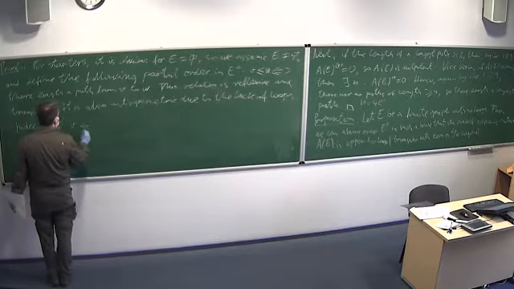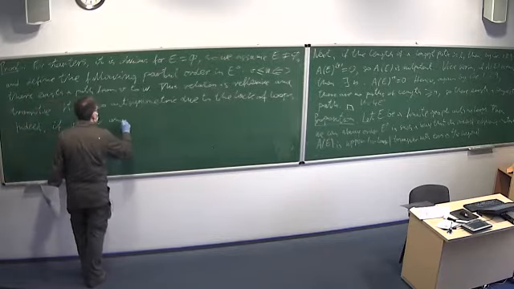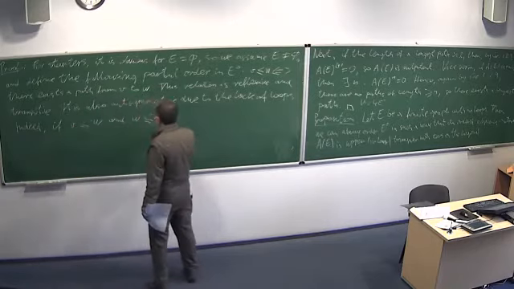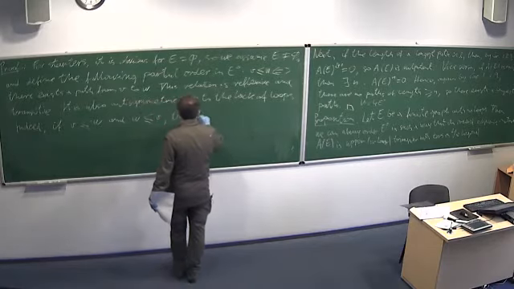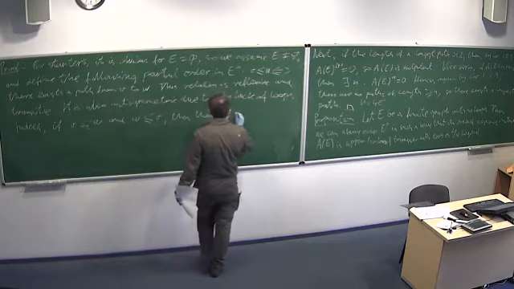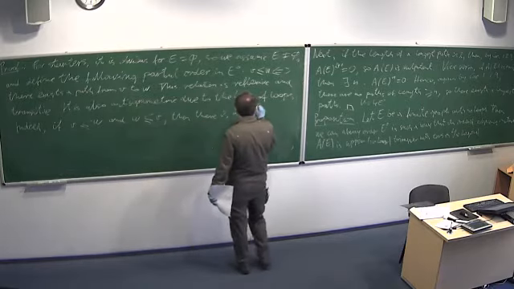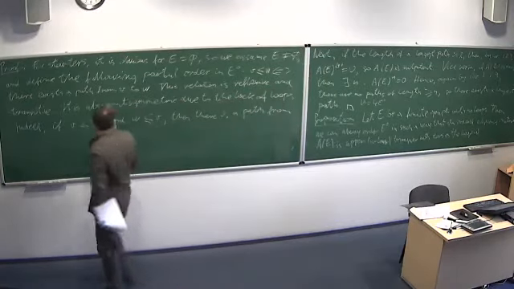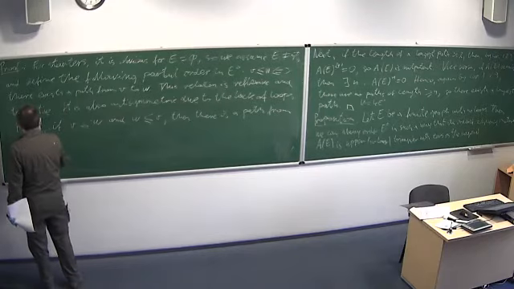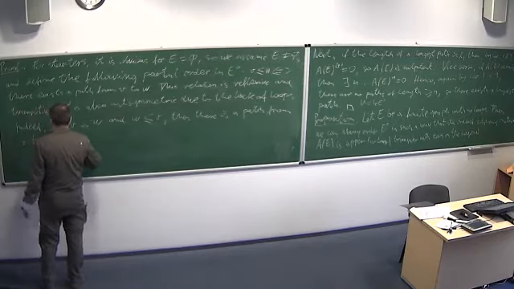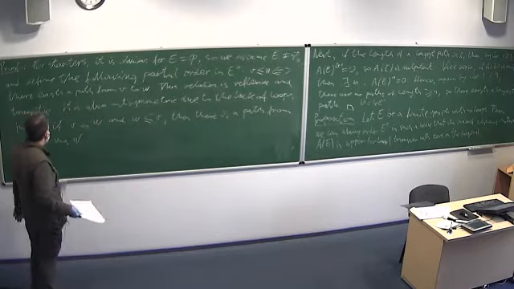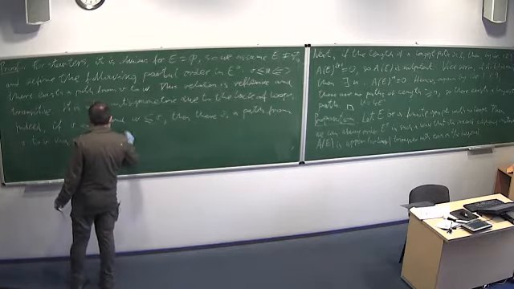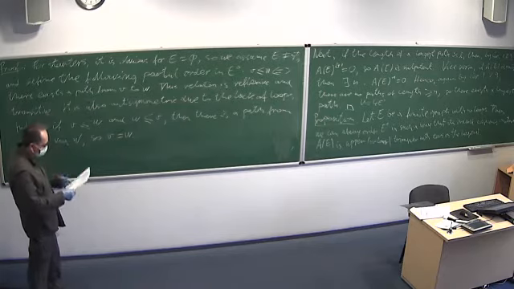If V is less than or equal to W, and W is less than or equal to V, then there is a path from V to V via W. Which is a loop unless V is equal to W. But I have no loops, so V must be equal to W. And this is exactly the antisymmetry of the relation.